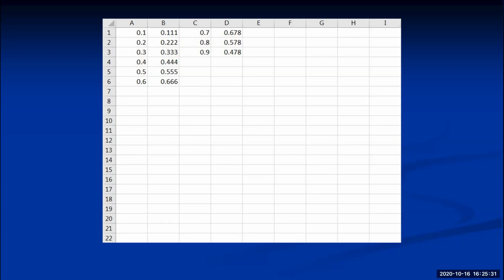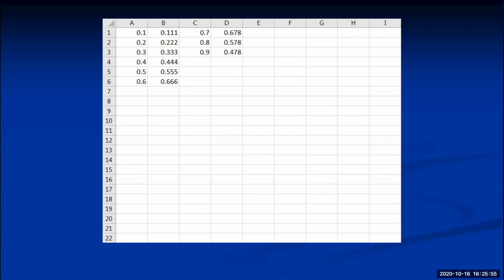Maybe they're right, maybe they're not, but 0.1, 0.2, 0.3, 0.4, 0.5, 0.6. And then let's say the absorbances for those were 0.111, 0.222, etc. Notice the numbers are going up. Then the second fraction of my results in the experiment were solutions where the absorbances were going down. So I'm going to place those in columns C and D.